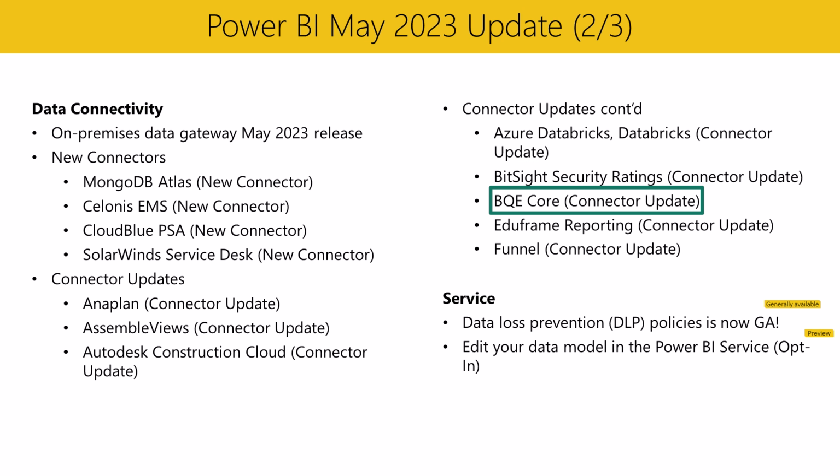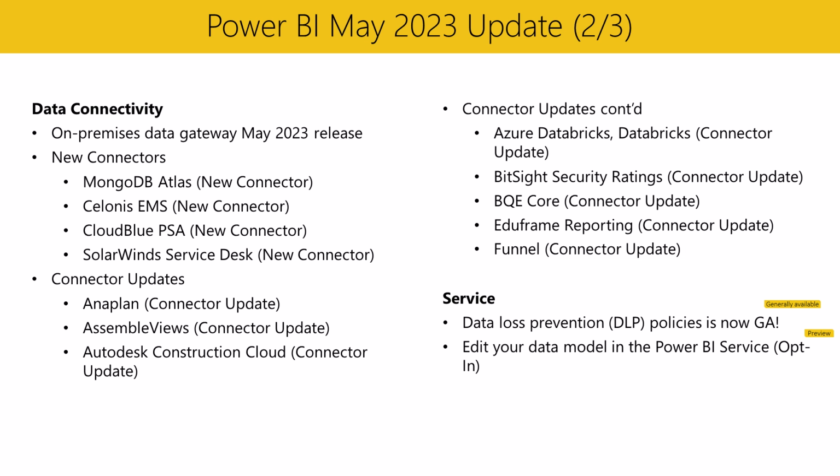BQE Core connector has an updated API endpoint to retrieve contact information. Eduframe reporting connector updates have added teachers as a resource, renamed blocks to personal program elements, and added a function to fetch Eduframe specific user authentications. And lastly, the funnel connector has updated labels and help text to be more in line with the funnel app. This includes renaming account to workspace and view to data share.